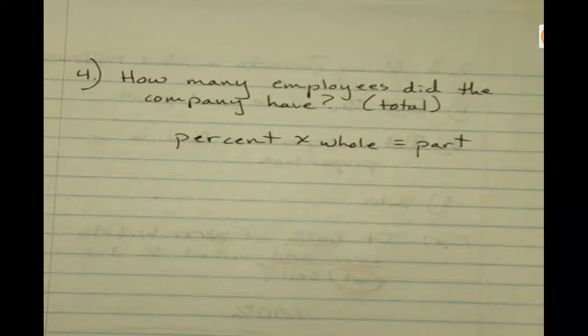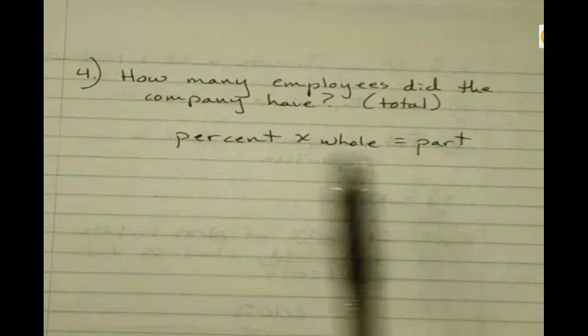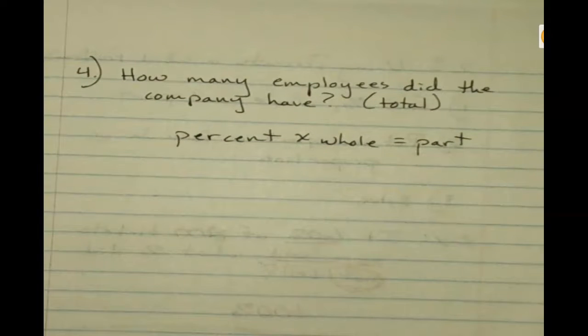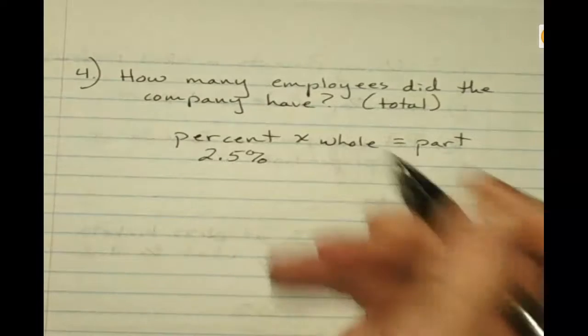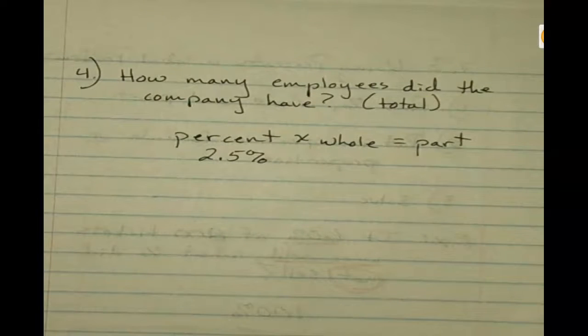So, Kelly, look in the problem and tell me what they gave you and where it could go in this problem. Okay, so the percentage is 2.5. So they gave us the percent. I would have marked that in my book. Oh, here we go, percent. Okay.